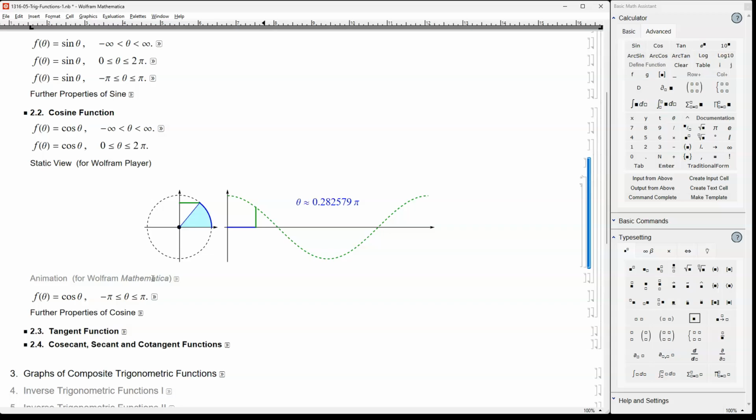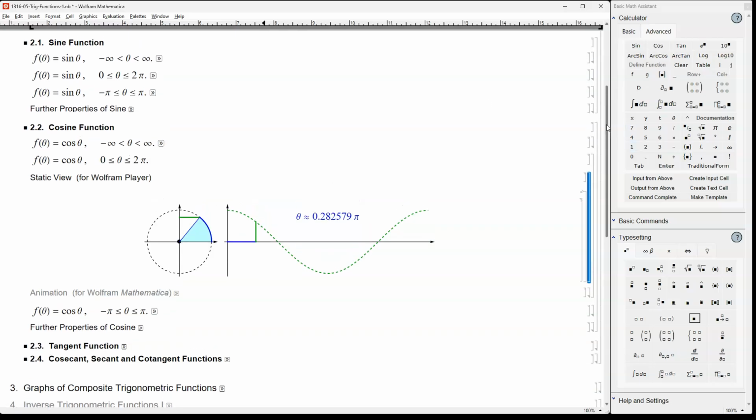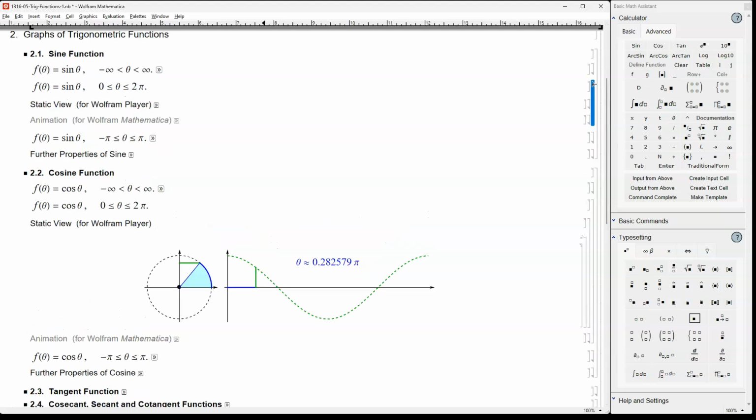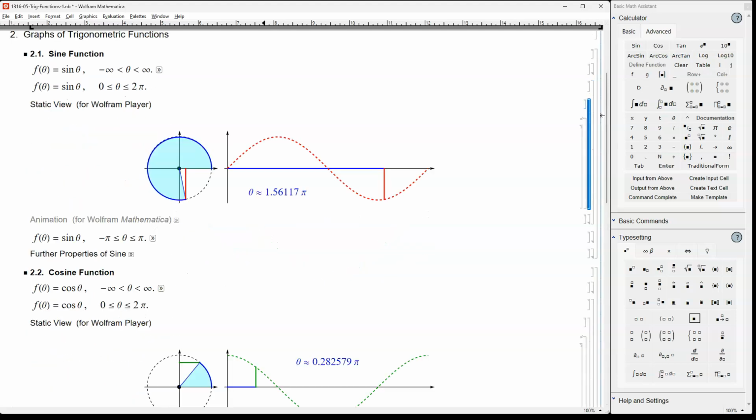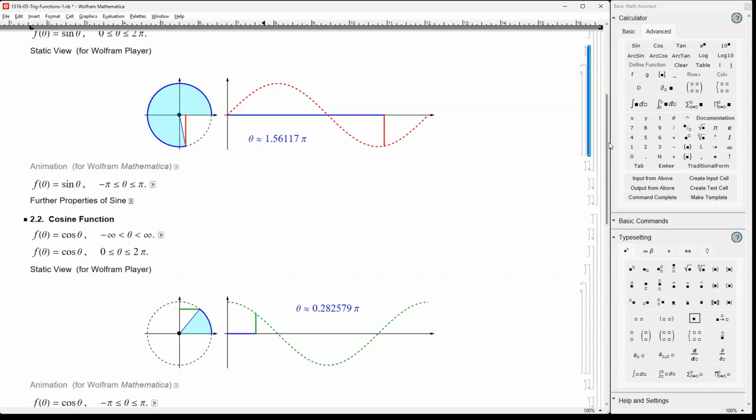Cosine of theta is x over r, horizontal over radius, but in this case the radius is 1, so just the horizontal over 1. And this horizontal must match this vertical. And how was the sine function defined, by the way? Sine was defined as vertical over radius, and the radius is 1, so the vertical here must match this y-coordinate value.